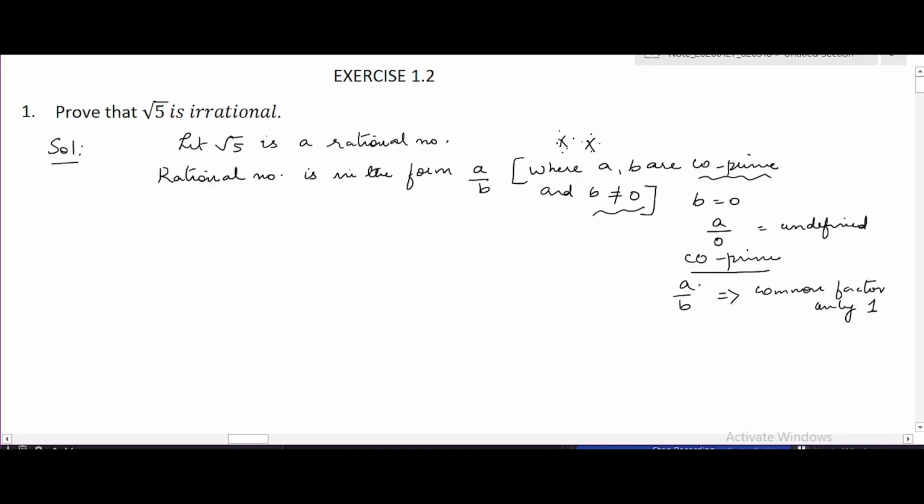It need not be prime numbers. So first point is common factor is 1, and both numbers need not be prime.